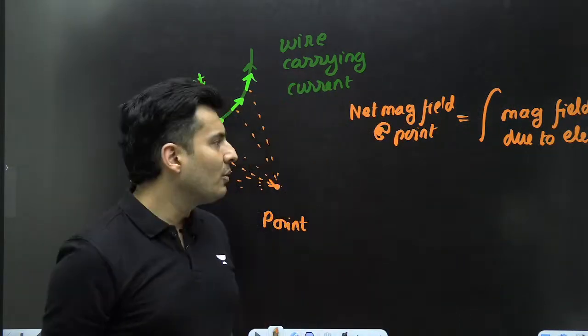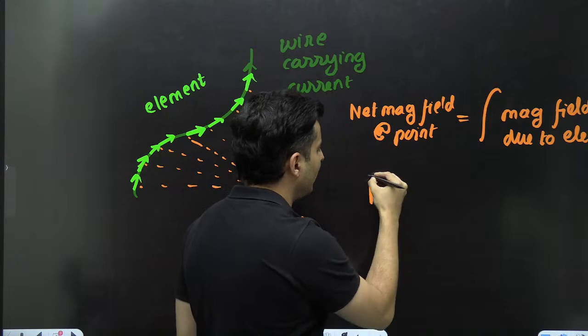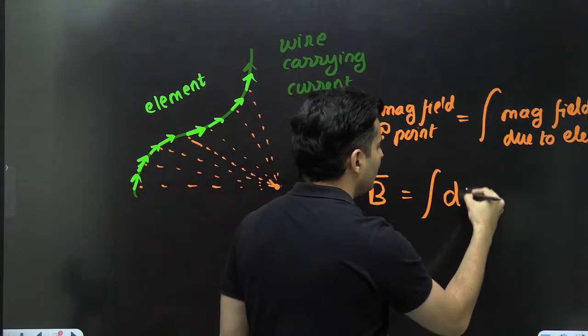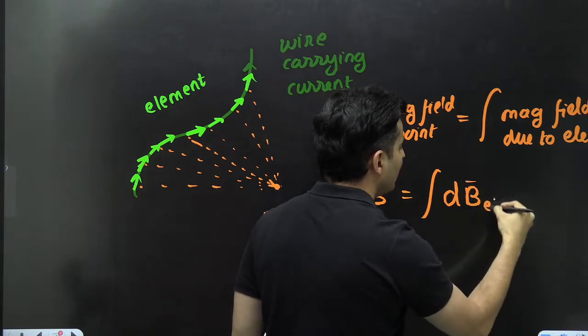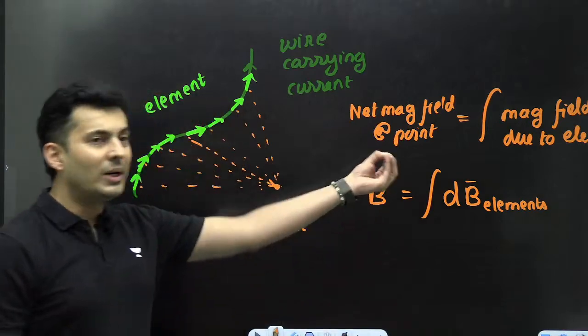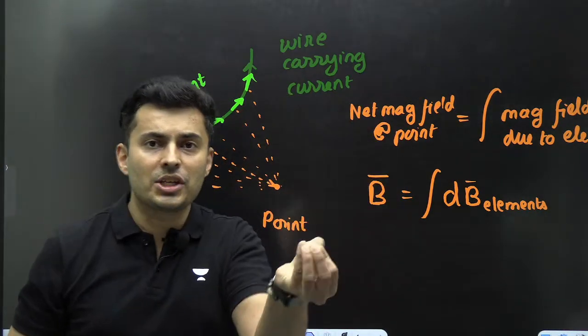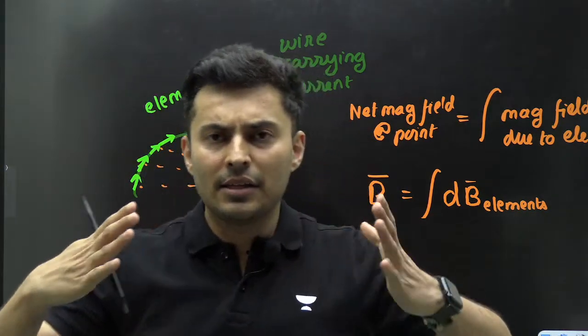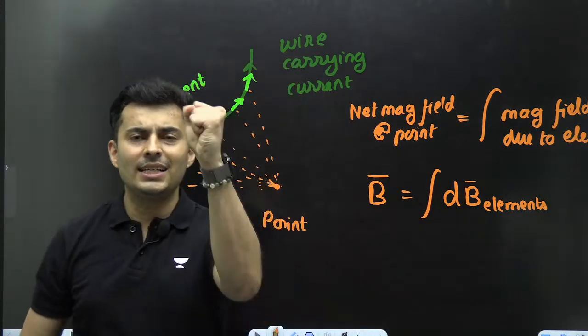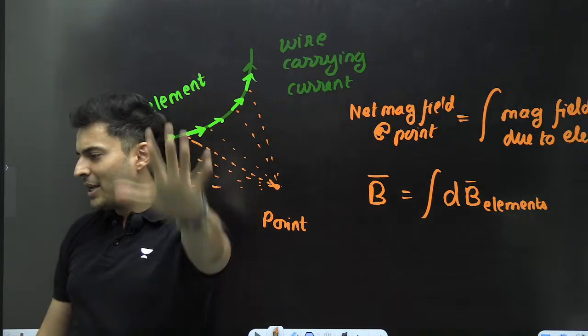So essentially the total magnetic field is the integration of the small magnetic fields due to each of those elements. Integration means addition. You have to take the sign, the direction, the magnitude, everything into account to find the resultant magnetic field. Is that making sense?